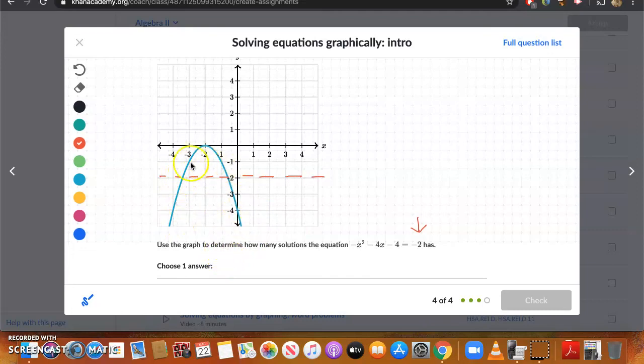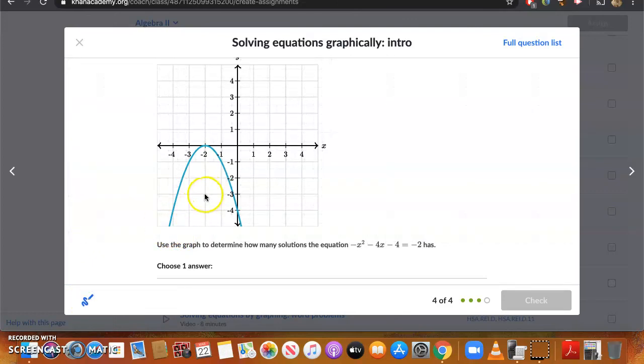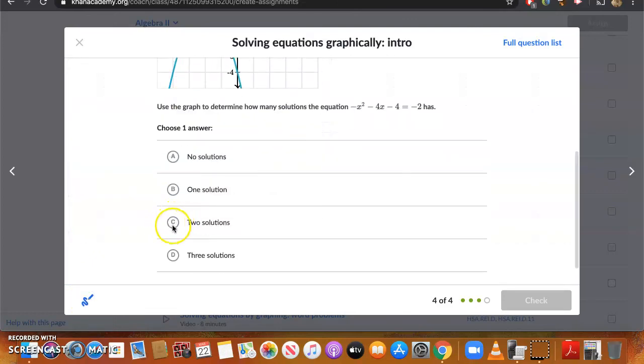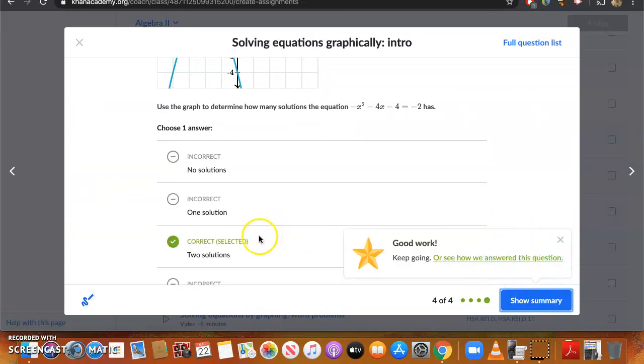So again, we look to see how many intersections there are for this function and the value y equals negative 2. And we see we have 1 here, and we have 1 here. Okay, so looks like there's going to be a total of 2. Let's scroll down, we'll put 2, and we will check, and that is it.